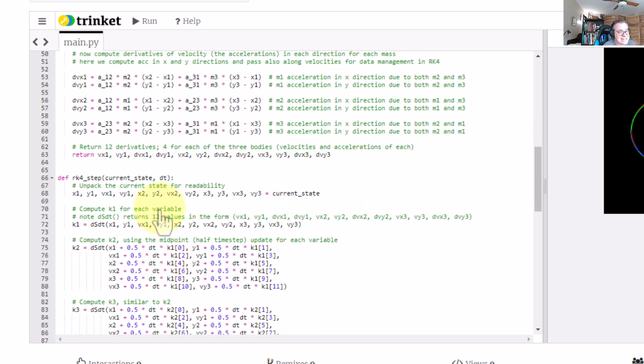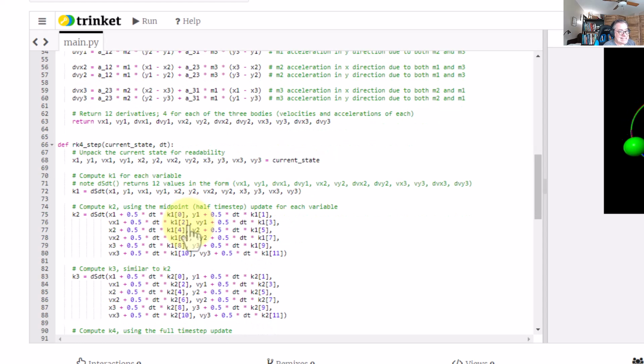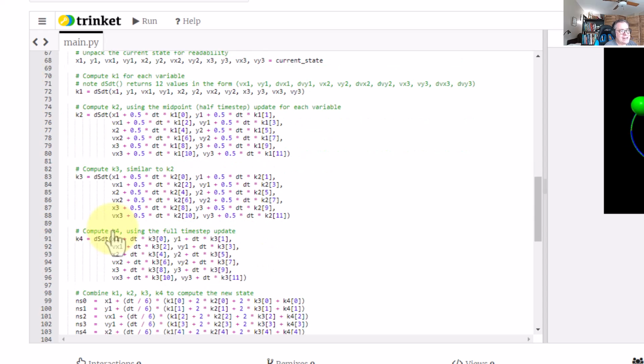The RK4 step is taking the current state vector, and it's calculating what all of those slopes would be. The change in the velocity, by using that DSDT and calculating what the acceleration should be. And it keeps track of all of those simultaneously, computing each of those four different slopes.